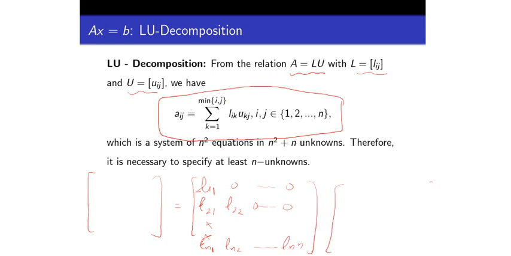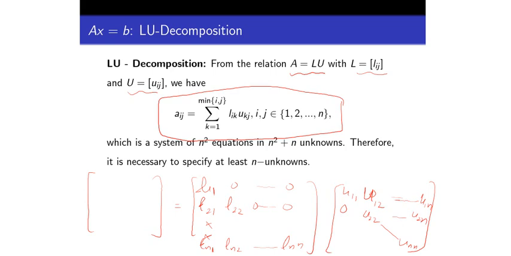Similarly, you have U: U11, 0, 0 here, U12 and so on to U1n, U22 and so on to U2n, and so on to Unn. If you compare both sides, you will get the following equations.